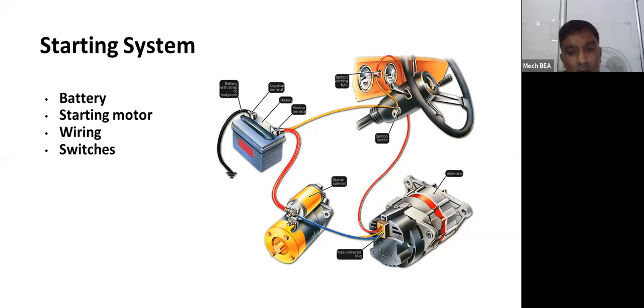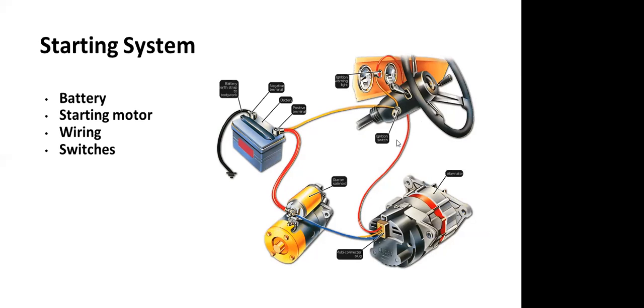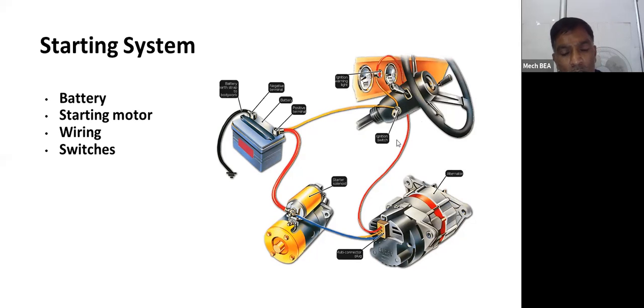This is the battery. Then this one is the starter. This one is the alternator, and this one is the ignition switch. To provide the cranking to the engine, you already know there are 4 strokes: suction, compression, then power, and the exhaust.